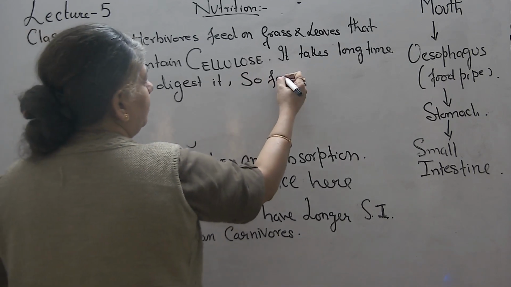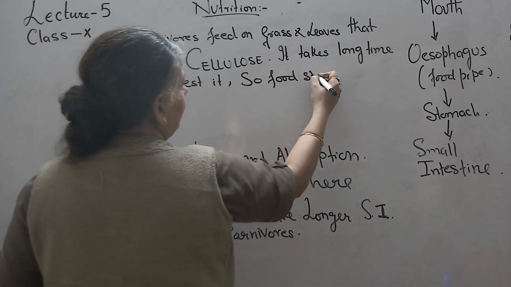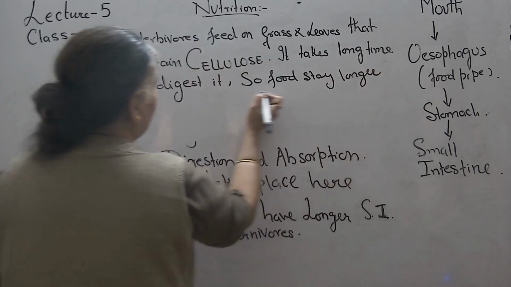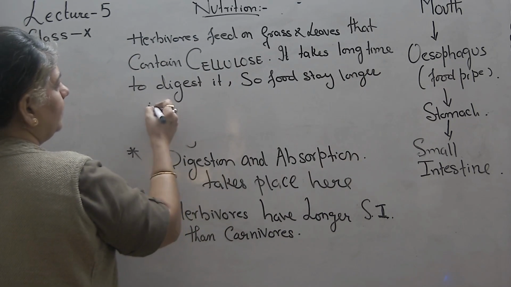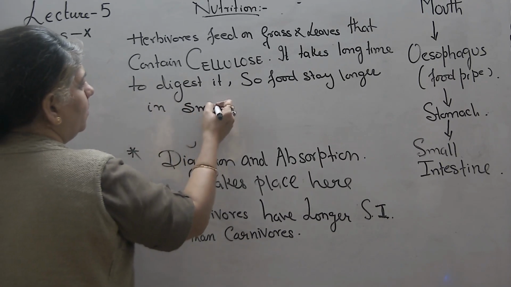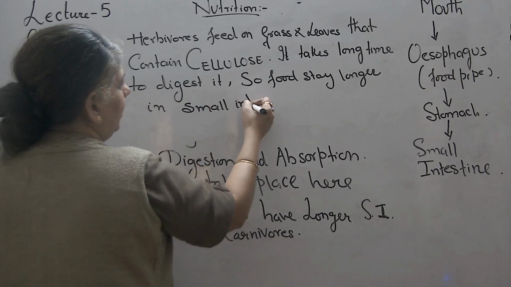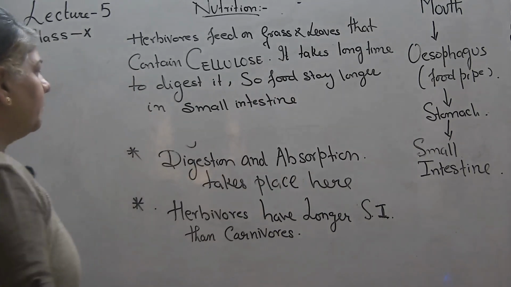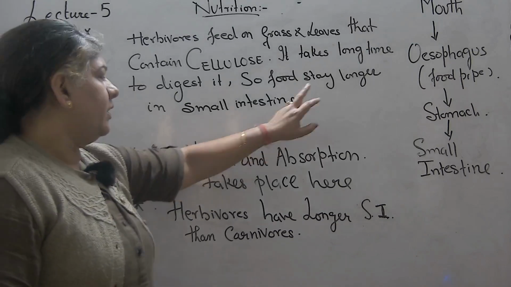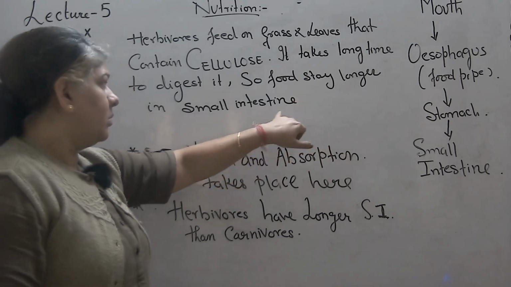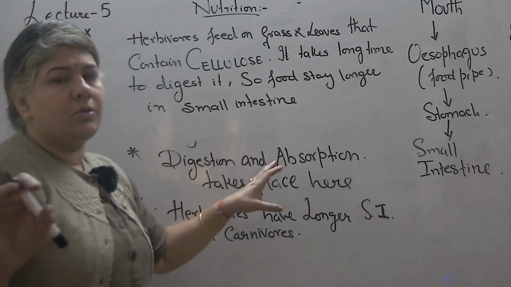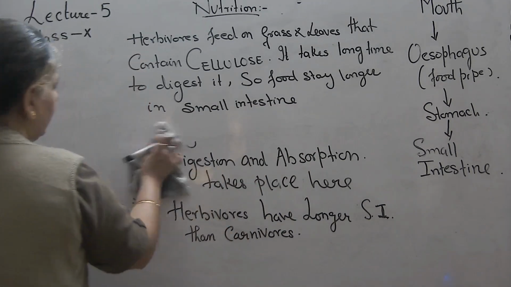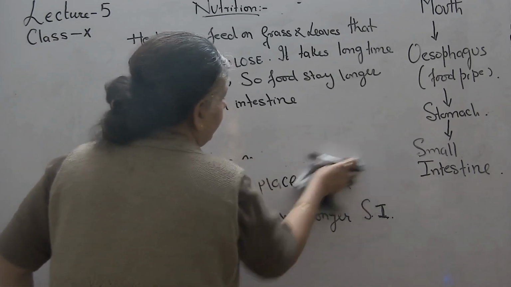So food stays longer in small intestine. Okay, so if the food is staying long, the intestine should also be long so that it gets enough time for digestion. While meat is easier to digest.